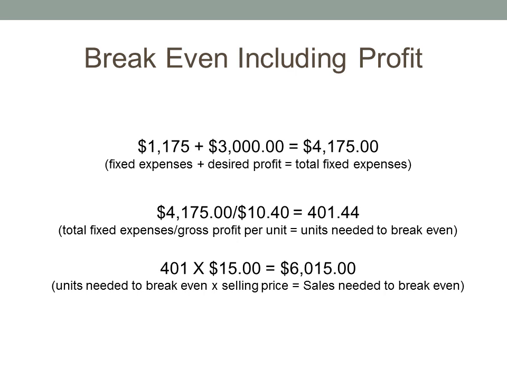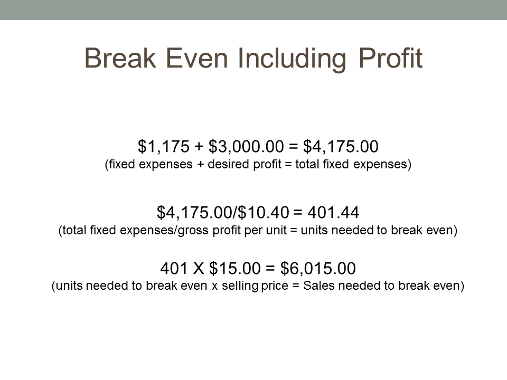Let's say that Mike decides, I've got to make at least $3,000 a month from this business that I can take home and pay rent and bills and take care of my family. So here's how we do it. You take your fixed expenses, which was the $1,175, and you're going to add your desired profit to it.